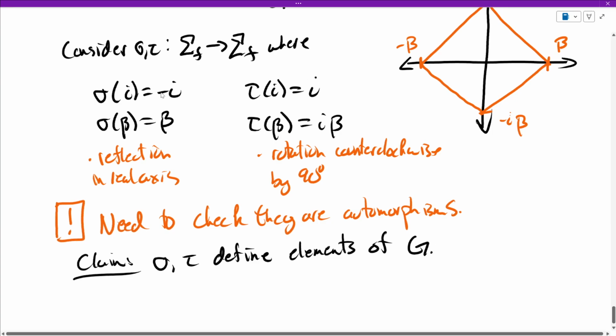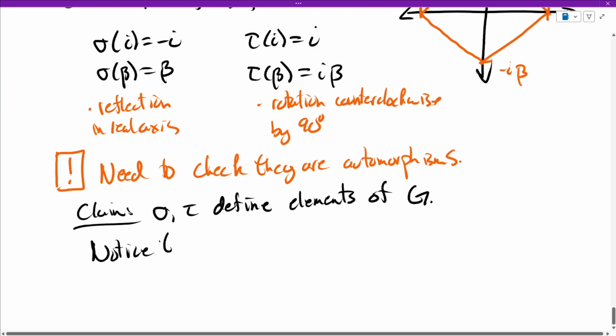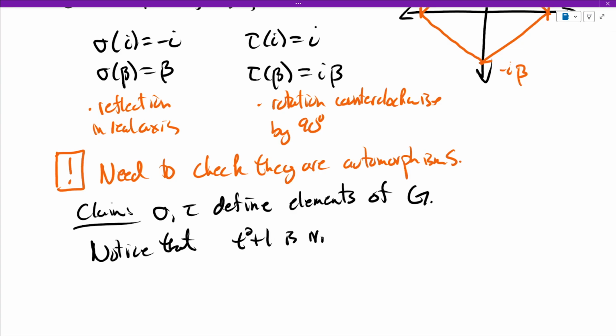So sigma, again, is just complex conjugation. So let's notice that t squared plus 1 is irreducible over Q adjoin beta. So i and negative i, of course, are conjugates.